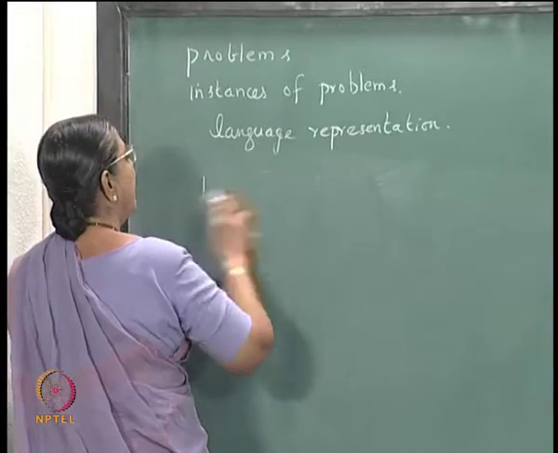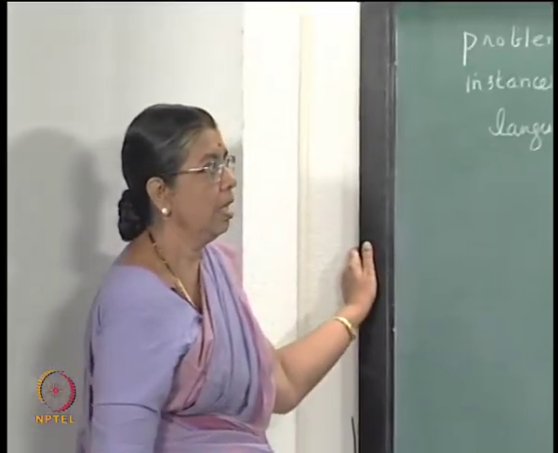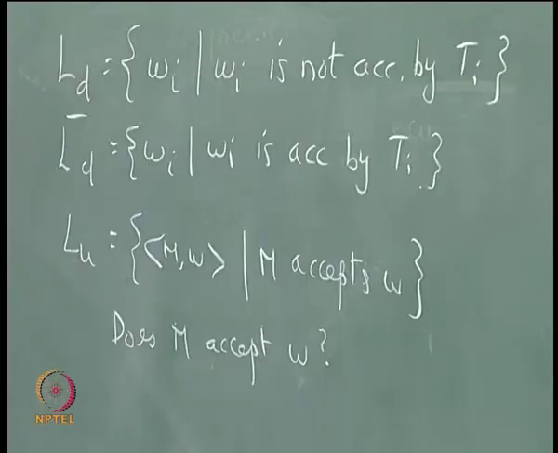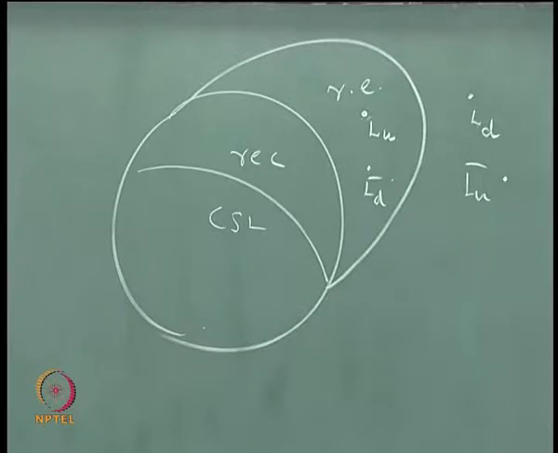Now, we have seen that Lu is recursively enumerable, but it is not recursive, because we have seen that if Lu is recursive, then we can have a Turing machine for LD bar.